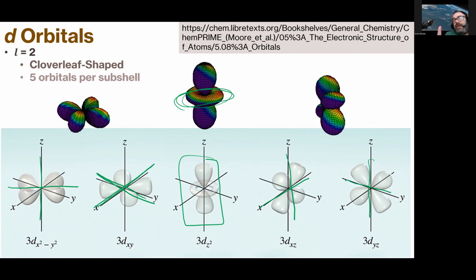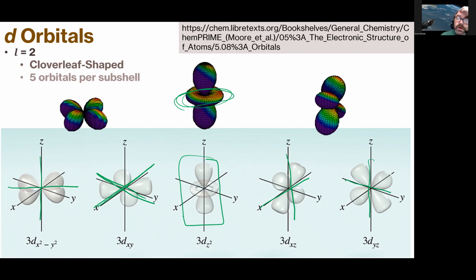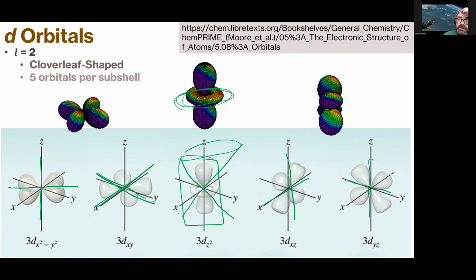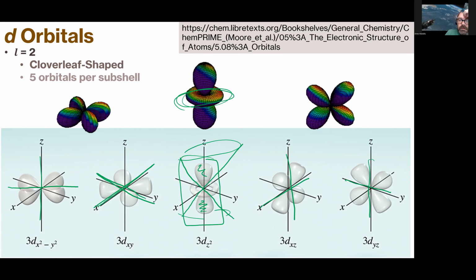What we can't really tell about dz squared is where the nodes are; it's not intuitively obvious. The nodes are actually a cone, because it's a plane of nodes that is spun around, which is why we have the donut. The top of the cone is the top lobe, the bottom of the cone is the bottom lobe, and then around the middle we have the donut.